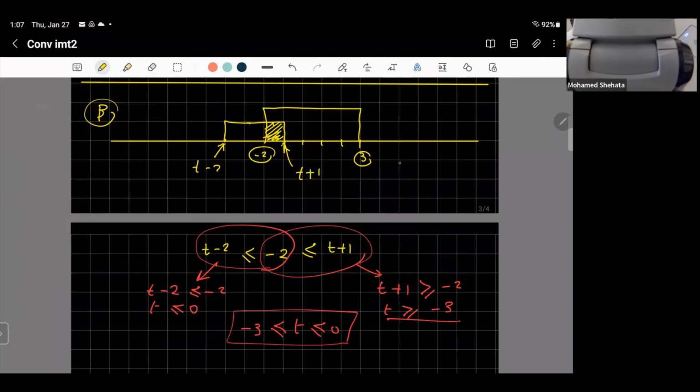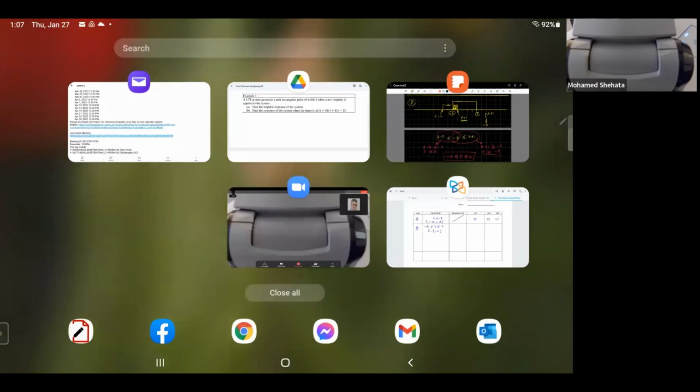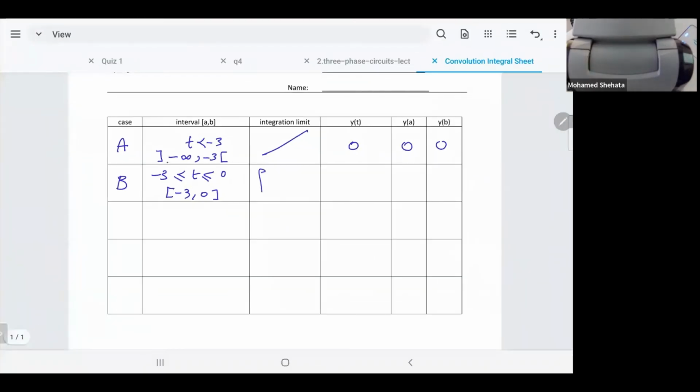So the integration should be from what to what? Excellent, from -2, because whatever the value here, I don't care, there will be 0 here. So from -2 up to t plus 1. That's right. So we'll go to the table, -2 to t plus 1.